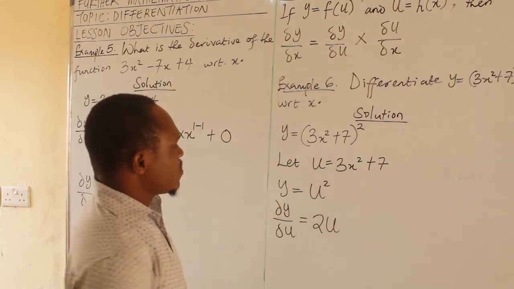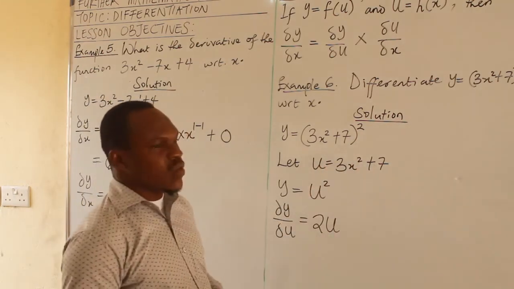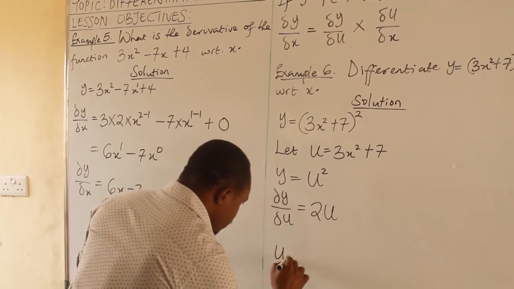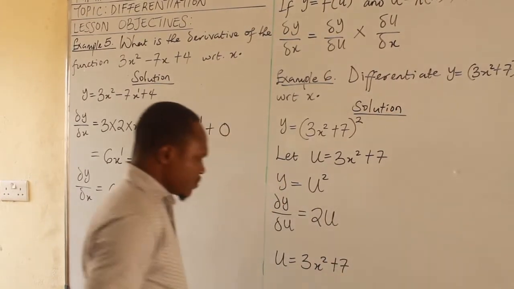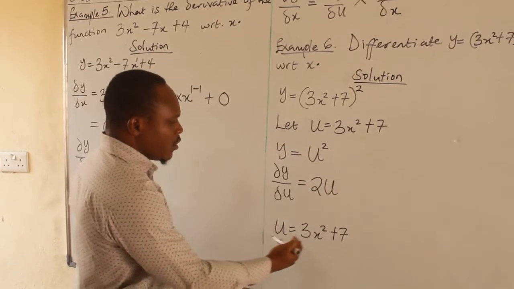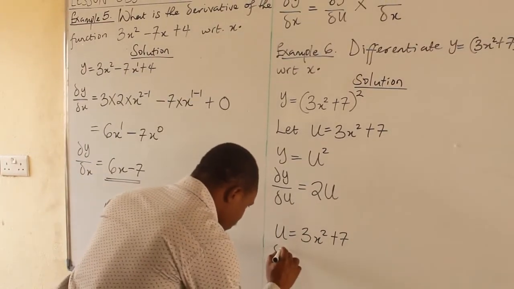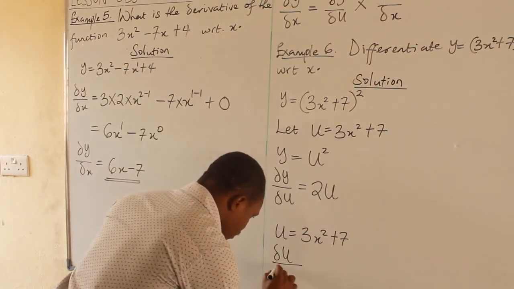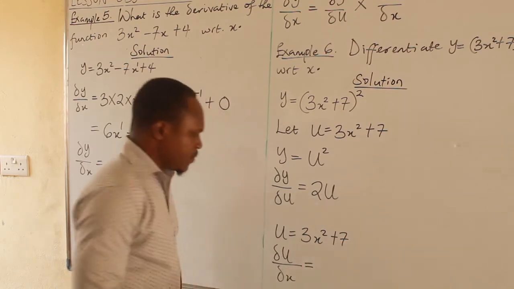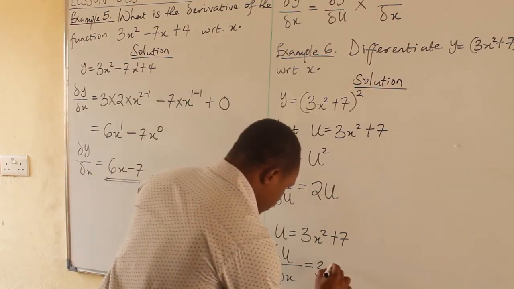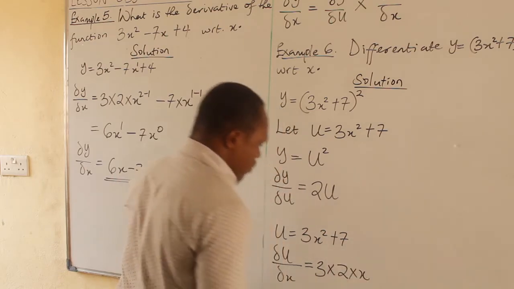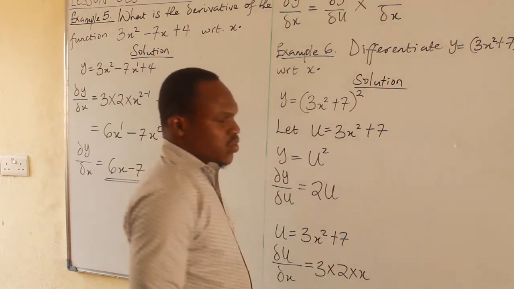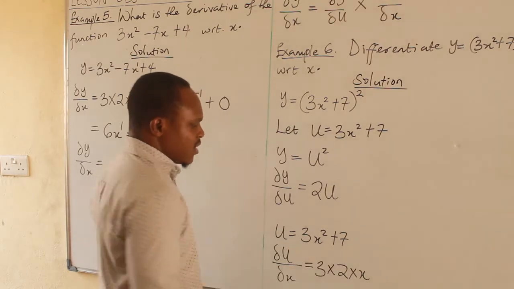Now looking at this, we said let u be equal to 3x squared plus 7. If u is equal to 3x squared plus 7, then differentiating u with respect to x, that will be du over dx, that will be 3 times 2 times x. Remember, 2 minus 1 is 1, so I won't be doing that anymore.